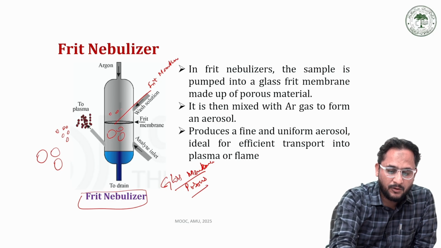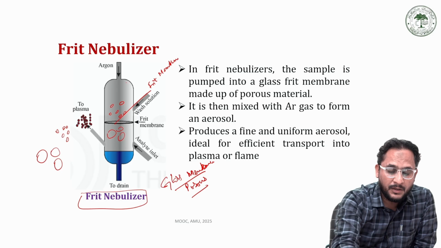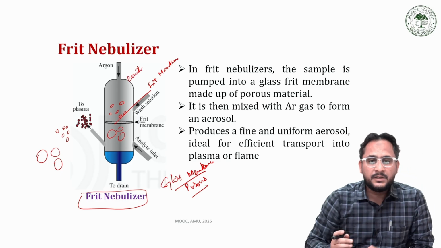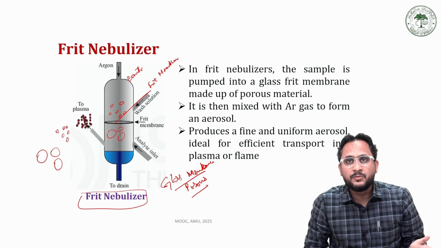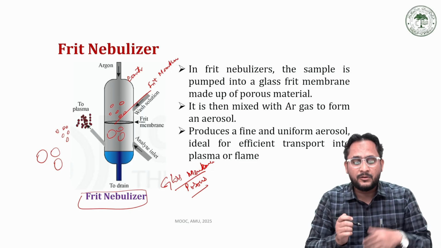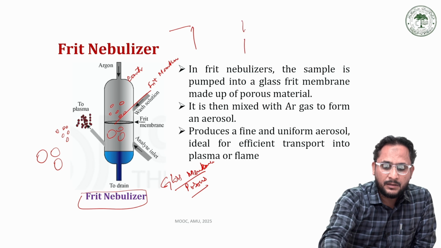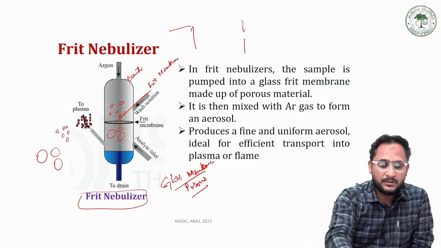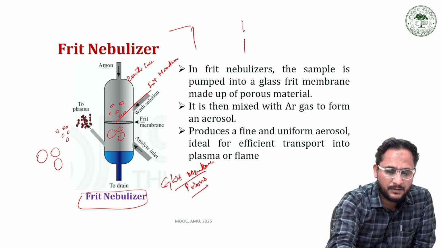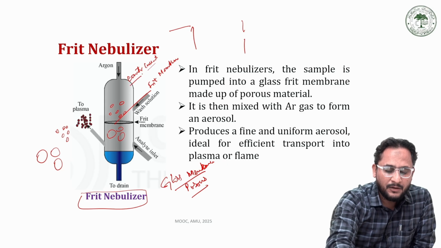They form very small droplets, and then we have argon gas coming from the top, so we can say it is a type of counter current flow. Earlier we have seen a concentric flow and a cross flow in the case of pneumatic nebulizers. Now we can see the flows from the opposite direction. It is called counter current flow, where gas is coming from the top while the sample is coming from the bottom.